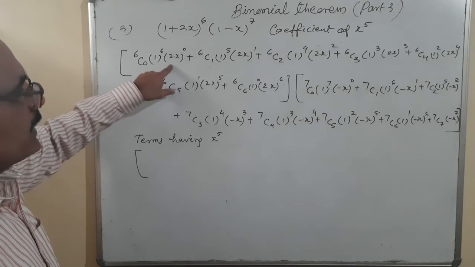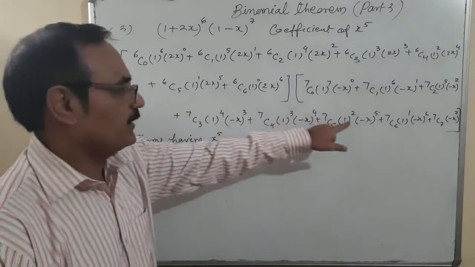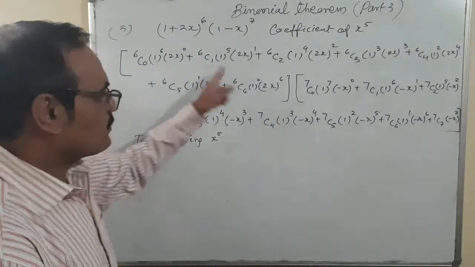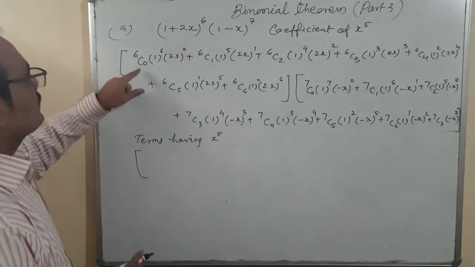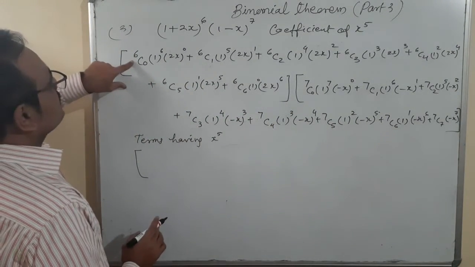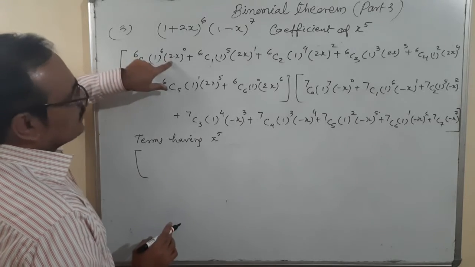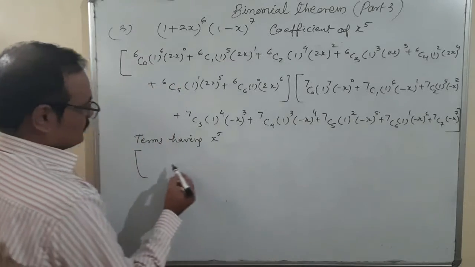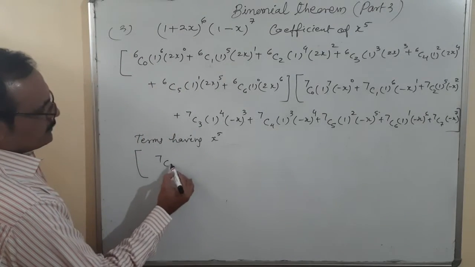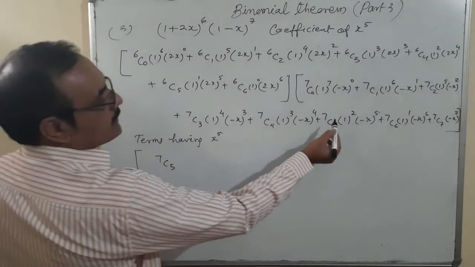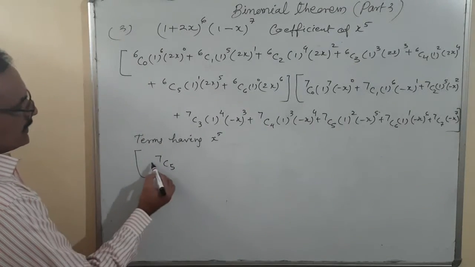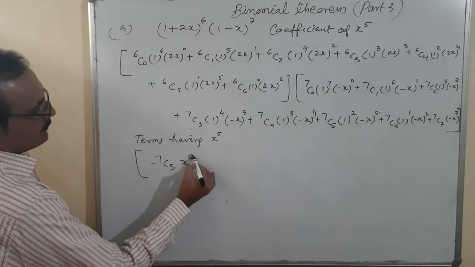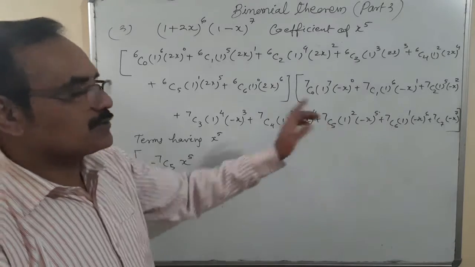We will multiply x to the power 5 here. Okay. So that is the first term in which x to the power 5 is coming. So what is the value of 6C0? That is 1, and it is 7C5 this. So I can write here 7C5 minus x to the power 5. So minus sign out, x to the power 5. That is one term. It's okay.